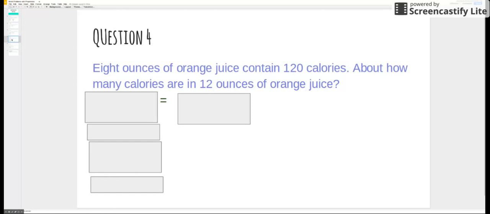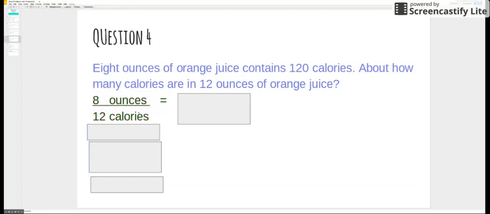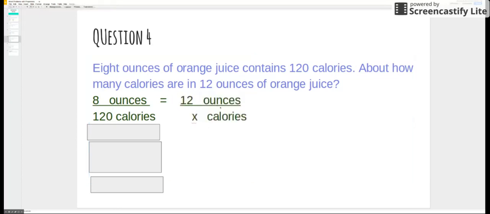Question 4. 8 ounces of orange juice contains 120 calories. About how many calories are in 12 ounces of orange juice? Well, I have 8 ounces over 120 calories equals 12 ounces over x calories. So I'm going to just cross multiply.